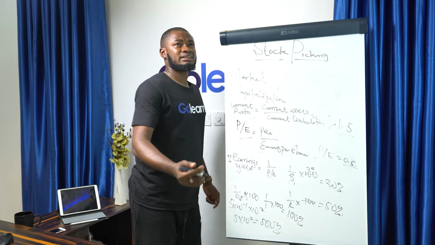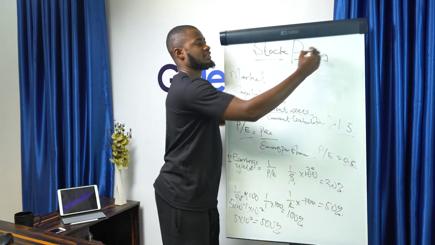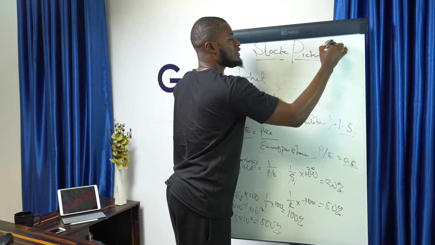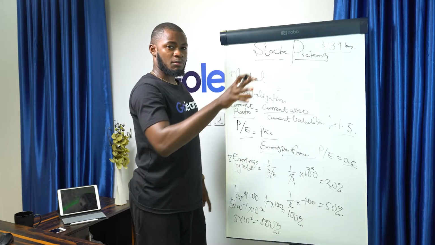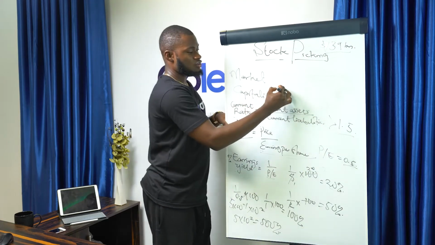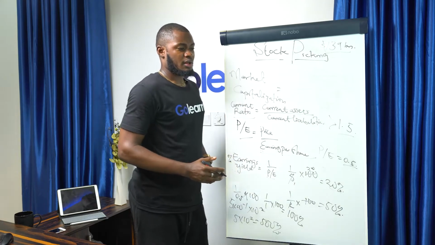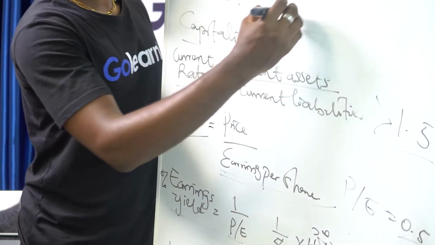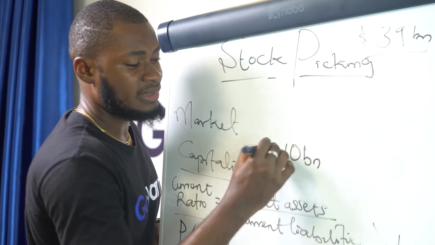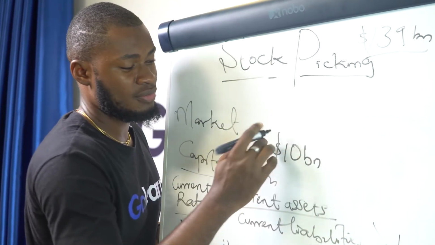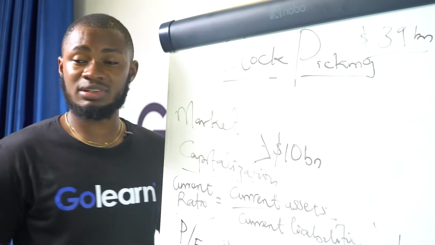Apple as at 2019 was worth 739 billion dollars. That was what the market was valuing Apple at. So I want you guys to pick out companies that have valuations of $10 billion and above, greater than $10 billion.